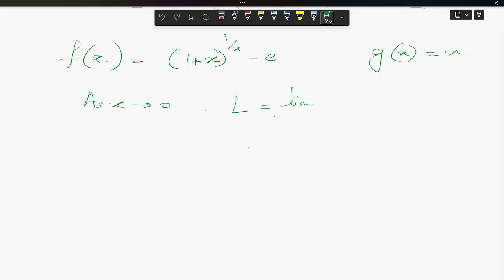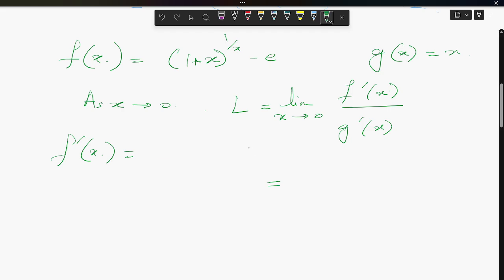So limit x tends to 0, we now get f dash x upon g dash x. So then what will we get? I think we have to use the previous method, so that will be easier to see.